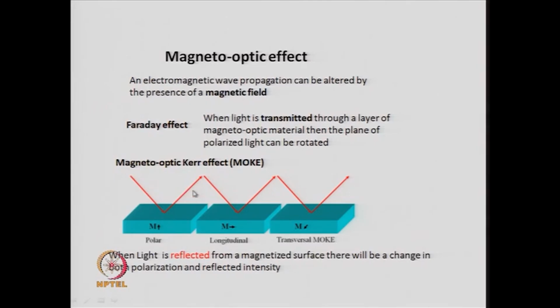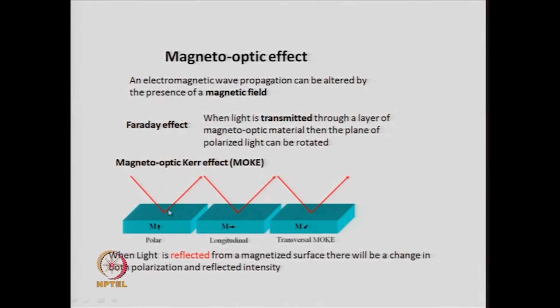Now, if you study this reflected light, you will see that it may have a different intensity and its plane of polarization will be different than the incident beam. That is how you map the domains or domain walls within the magnetized material. So, this is basically the magneto optic Kerr effect.